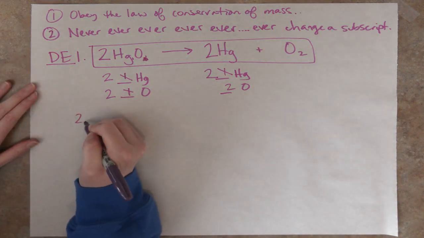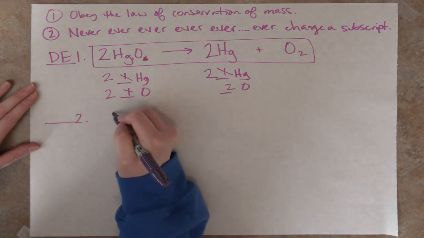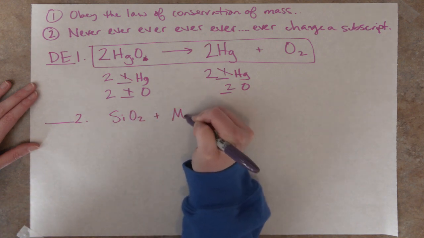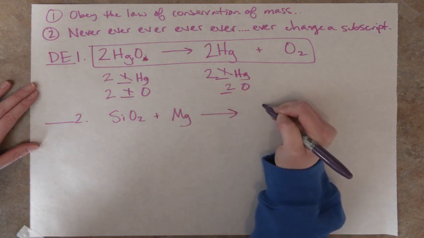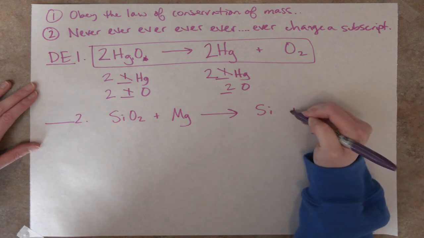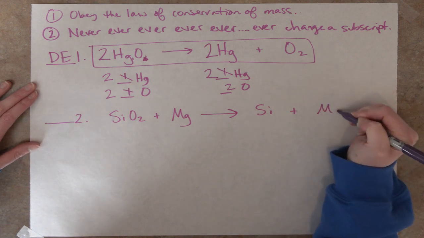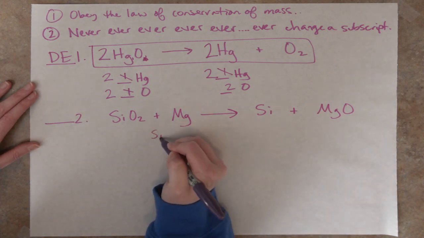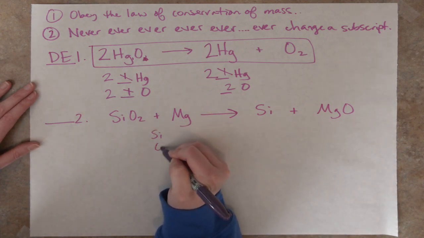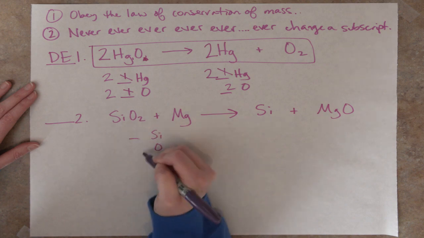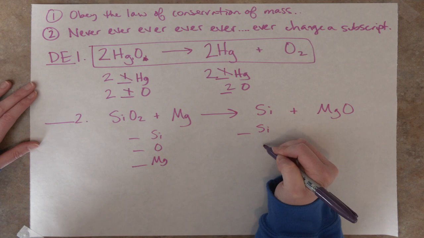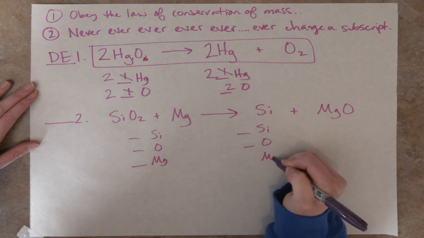Question number 2. We have some silicon dioxide and some magnesium doing a chemical reaction to produce some silicon and some magnesium oxide. Again, for these early problems, it's often helpful to write in the lines and do this initial count up of all of your atoms on both sides of your reaction arrow.